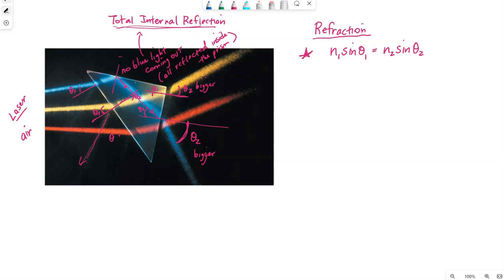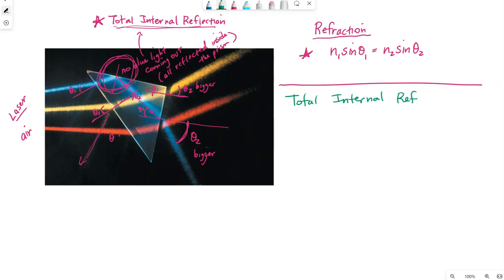So I want to take a minute and talk about this concept of no blue light exiting. So this concept of total internal reflection. Total internal reflection only occurs when N2 is smaller than N1.